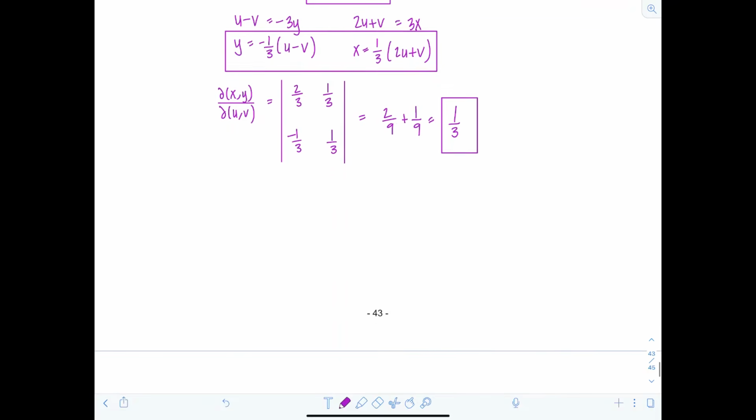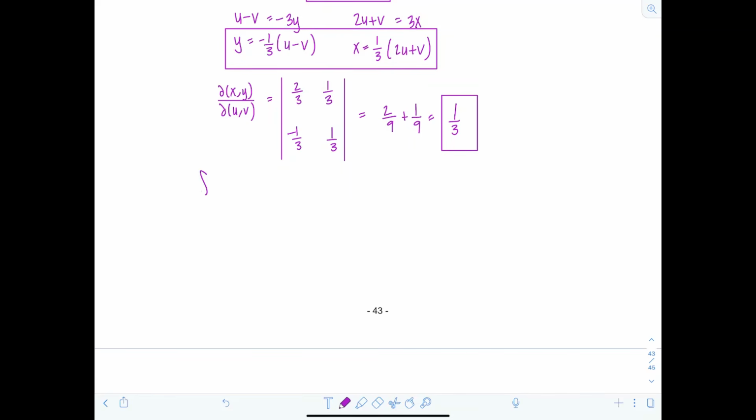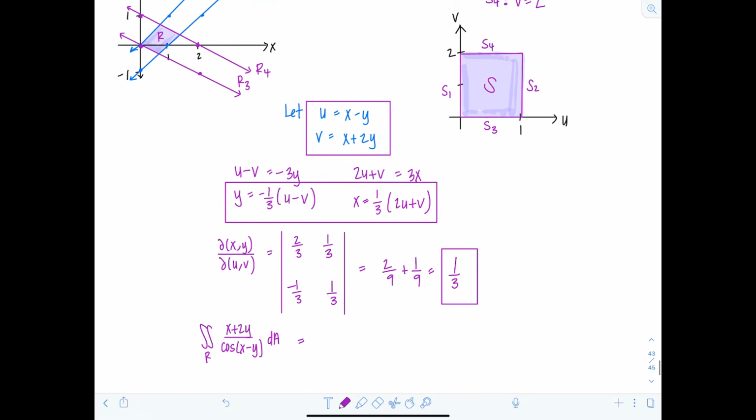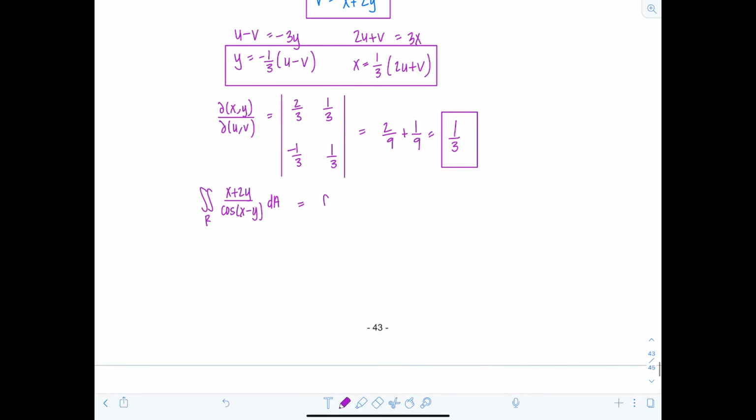Now let's move on, set up our double integral. Always write everything all the way out. So originally you were integrating over R, x plus 2y over cosine of x minus y dA. And then since we're just integrating over a rectangle, we could put v on the outside, u on the outside. I'll do v. So we'll have integral from 0 to 2.